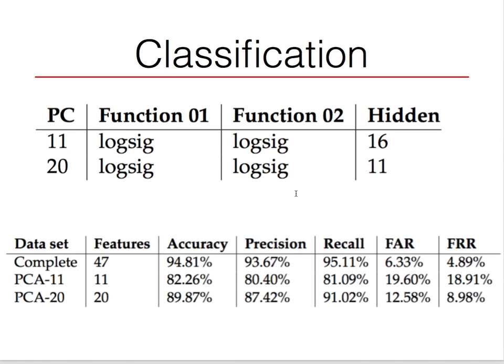Thus, we created 2 datasets, one with 11 principal components and another with 20. We identified the ideal architecture and obtained the below shown statistics, where we can see with 20 principal components we get an accuracy of 90%, and the false rejection rate goes up from 5% to 9%, which is pretty positive, considering that we are classifying from just 2 keystrokes.